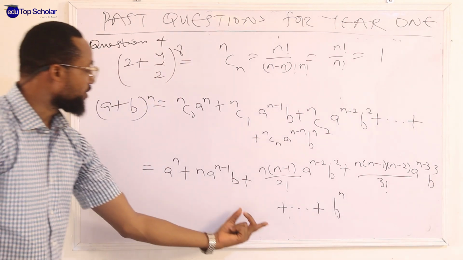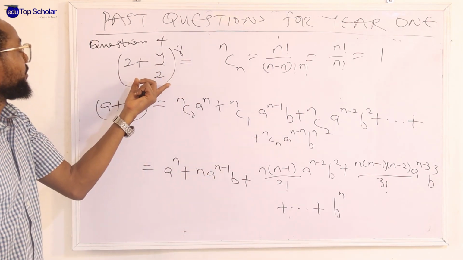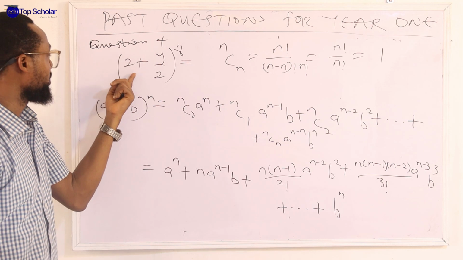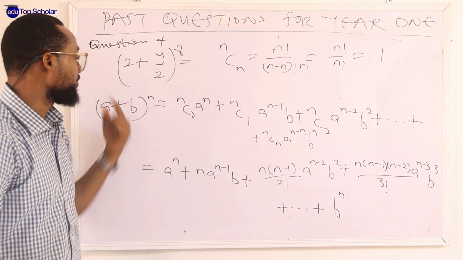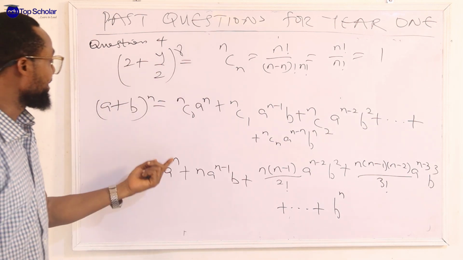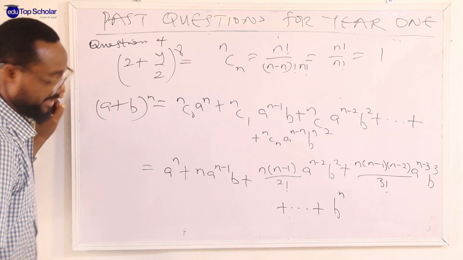So we want to use this one now. Wherever we see a, we substitute 2. Wherever we see b, we substitute y over 2. Wherever we see n, we substitute 8.